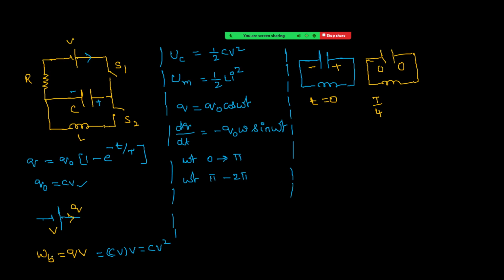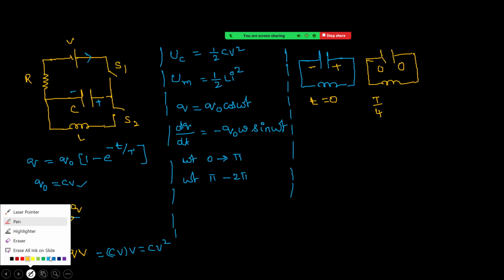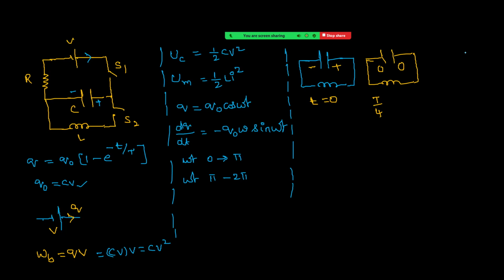Okay. Now focus when t equal to T by 2. See what happens. This is the time when it completes a half oscillation. So T by 2 means omega t value is pi. When I'm taking cos pi, it is minus 1.